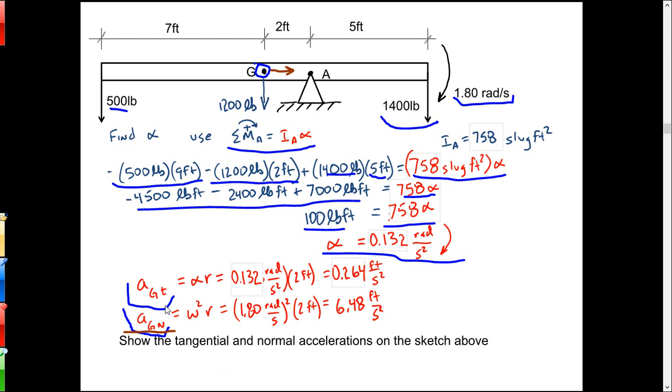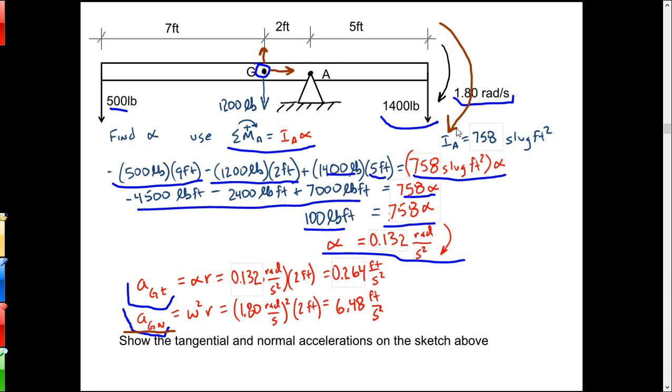And how about the tangential? Is that vertical or horizontal? Yeah, vertical, and up or down. Yeah, that's actually up, which might seem a little counterintuitive, but because we found alpha is this way, the whole object is rotating clockwise. So with respect to A, which is the fixed point that everything's rotating about, G's going up, okay?